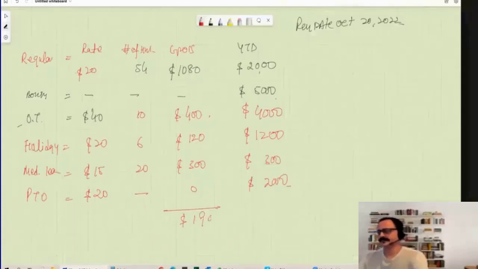This is your $1,900 this time. This is your total income YTD. This was 20,000, right? 25,000, 29,000, 30,200, 30,500 and 32,500. This is what your total income throughout the year till this date.